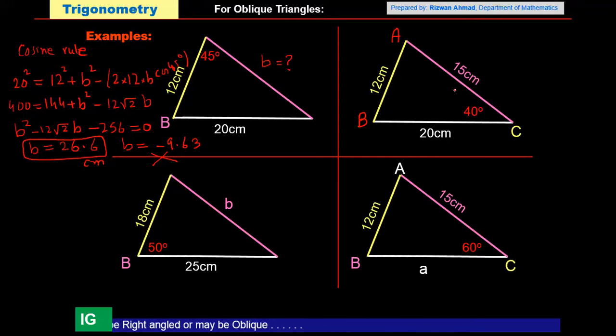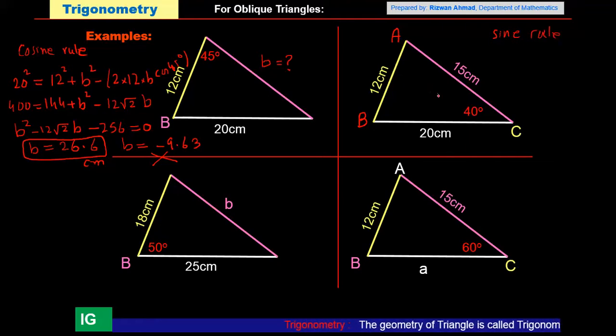So here we use the sine rule, because now two sides and two angles are involved. Let's say we are using A and C. We have to find the angle, so we write the angle in the numerator and the side in the denominator.